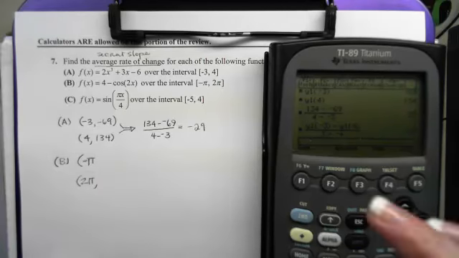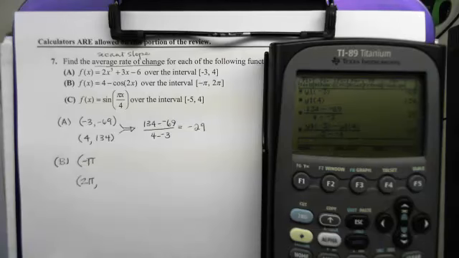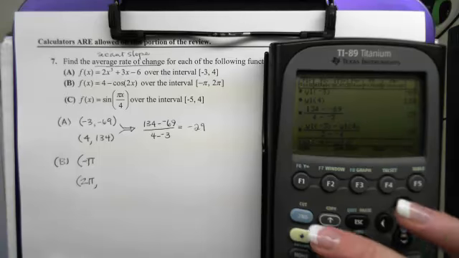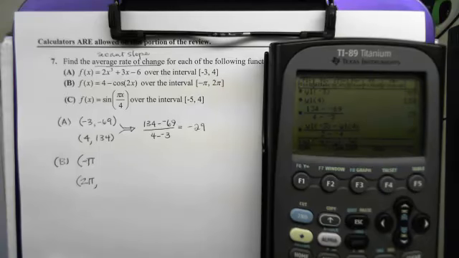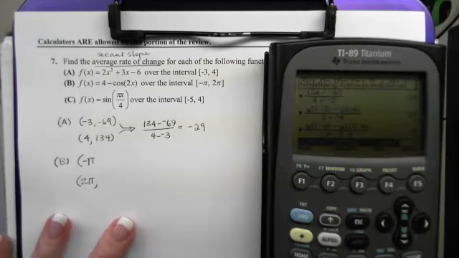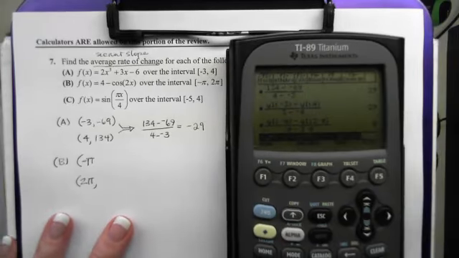So if I go to my home screen, I'm going to set up a slope, y1 of -pi minus y1 of 2 pi. There's the top. I've got to close it. Then I divide by the bottom, -pi minus 2 pi. Hit enter, and we see that our secant slope is 0.